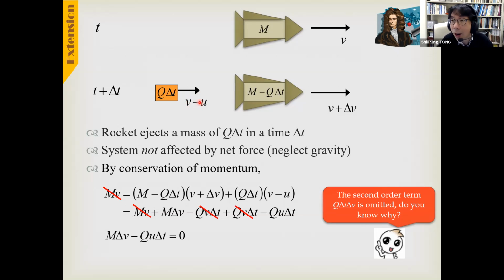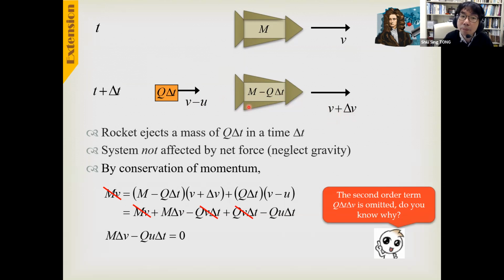This is relative to the ground. The rocket now loses a mass of q delta t, because the fuel is being ejected. So the new mass of the rocket is m minus q delta t. That is the reduced mass of the rocket. And the velocity of the rocket may increase from v to v plus delta v. Is that clear?